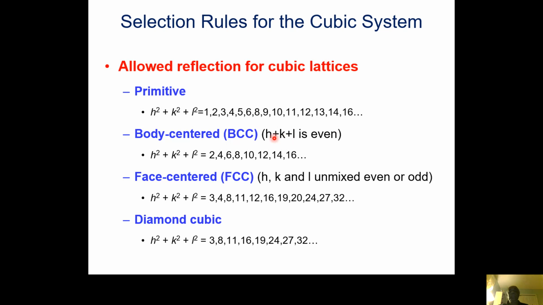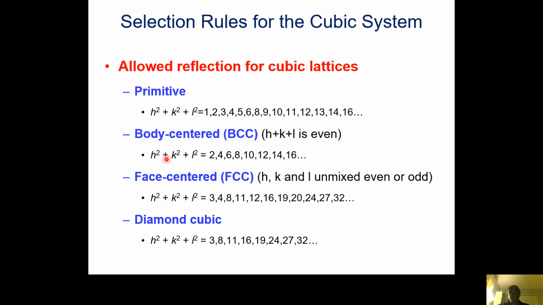The sum should be even, not each one. So you can have 0, 1, 1, and that means your sum is 2.